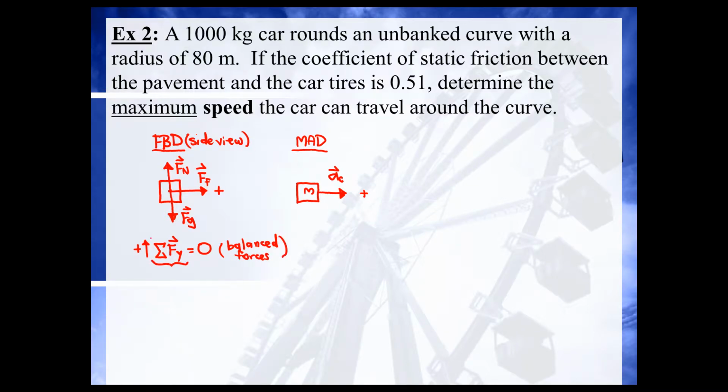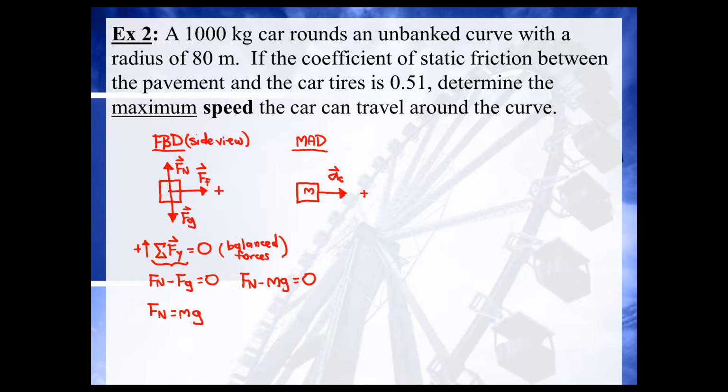Let's expand this. Fn points up, it's positive. Fg points down, it's negative. So I have Fn minus Fg equals 0. We can expand Fg. So I'd have Fn minus m times g is equal to 0. And this would tell me that Fn is equal to mg.